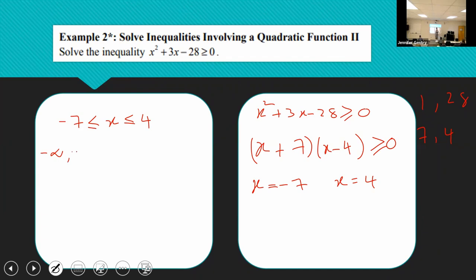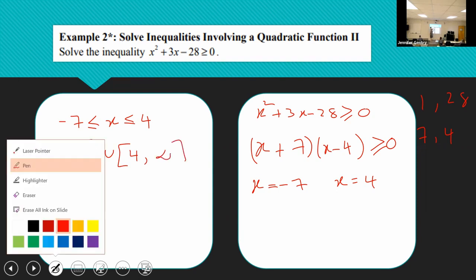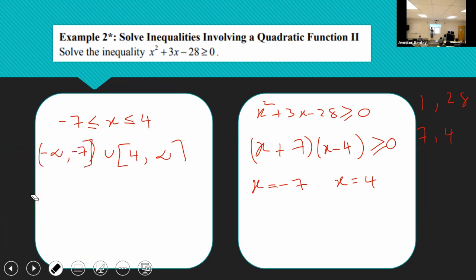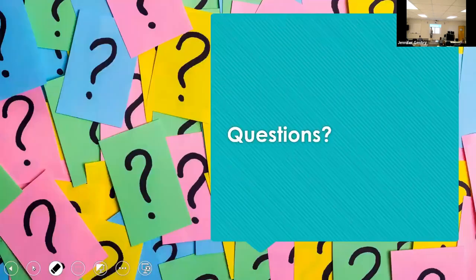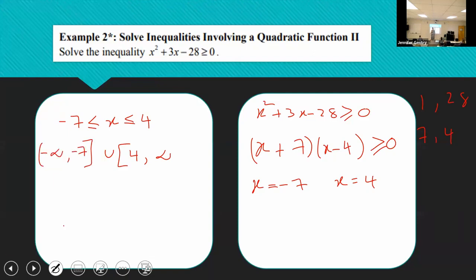Well, you gotta figure it out. No, because it's greater than. This is between minus 7 and 4. This is up to minus 7 and then past 4. Do you see what I'm saying? Wouldn't it be like that because it's not like two separate points? Go ahead, Marcus, you got this.